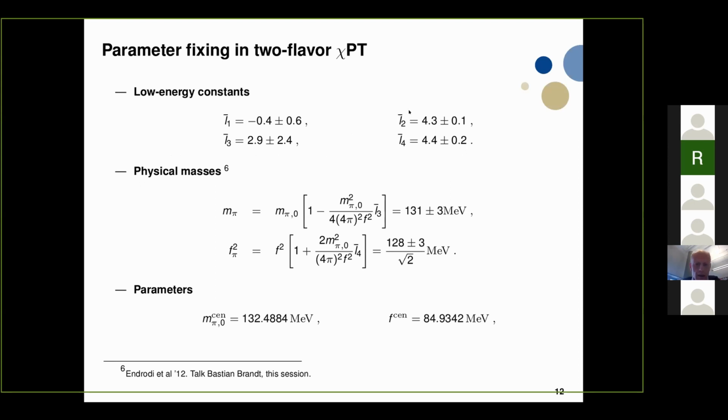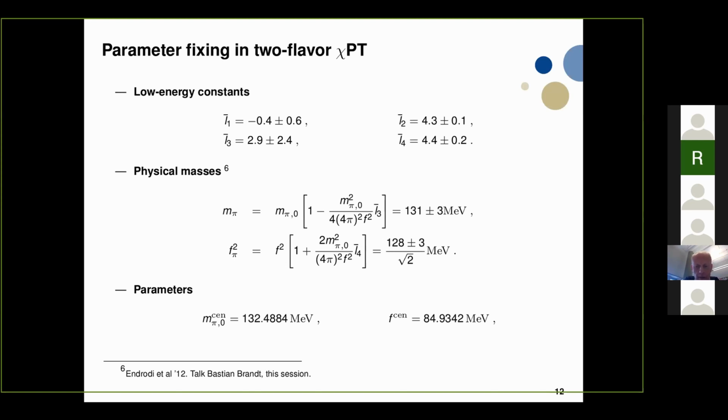Returning to the two-flavor case, we have the experimental input of the low energy constants, L1 through L4. They come with uncertainties, of course. Then we also have the physical masses. And you need to determine or express the constants F and 2Bm in your Lagrangian in terms of the physical F_pi and m_pi.